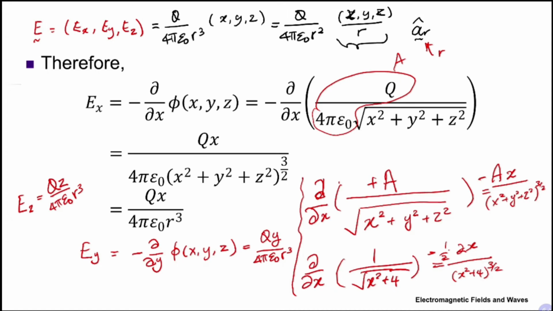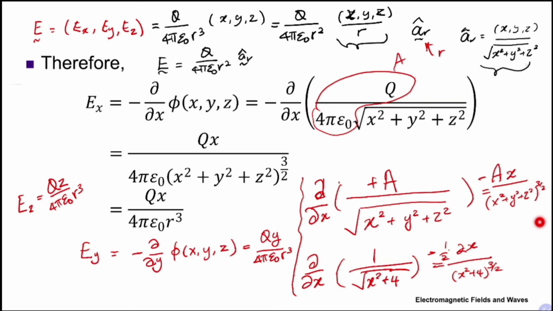When we studied Coulomb's law, we said that the electric field for a point charge is Q over 4 pi epsilon naught r squared times the unit vector r. The unit vector r is equal to x, y, z over the square root of x squared plus y squared plus z squared, and this is simply the magnitude of r.